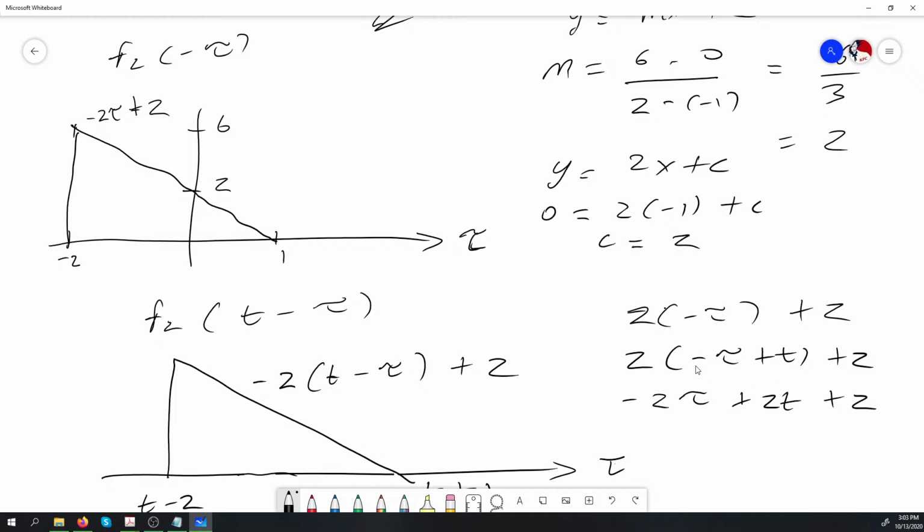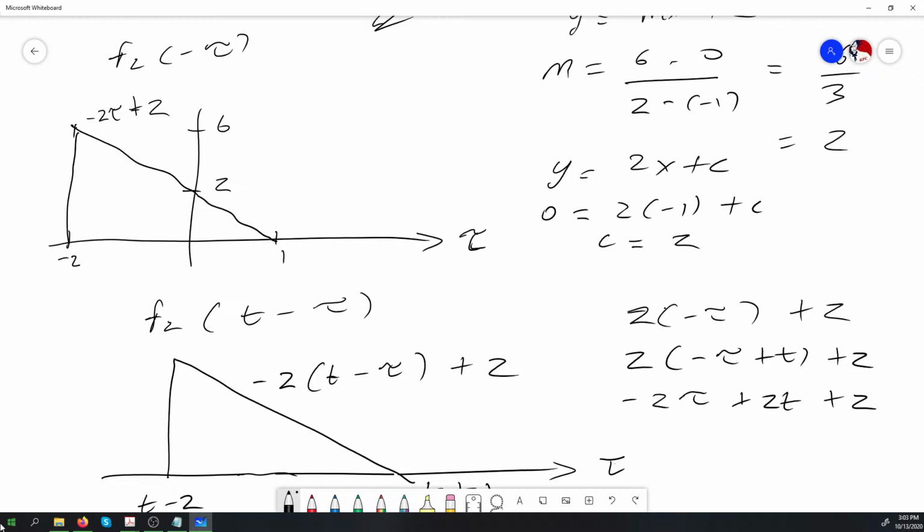And if we rearrange this accordingly, this becomes minus 2, if we pull this out, into t minus tau plus 2. So if we just rearrange this into t minus tau, now we have this minus 2 here, and we get plus 2.